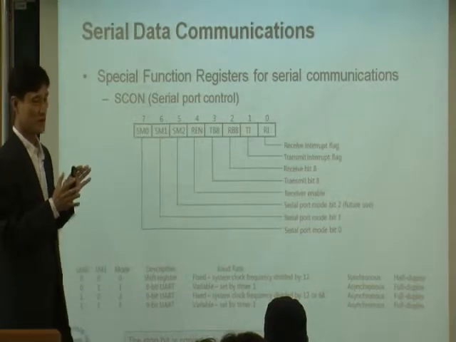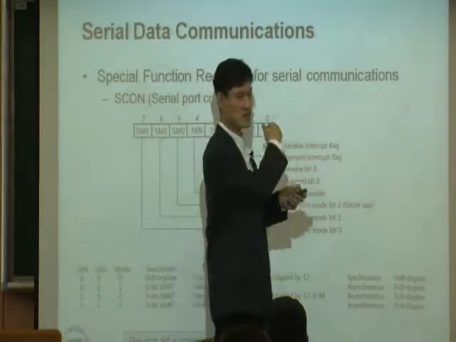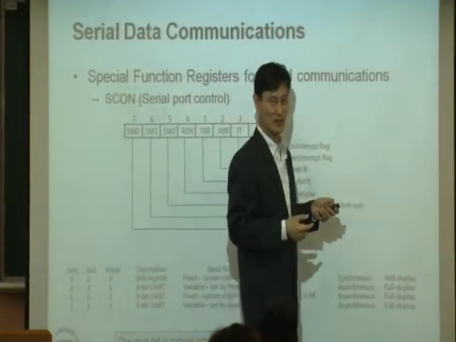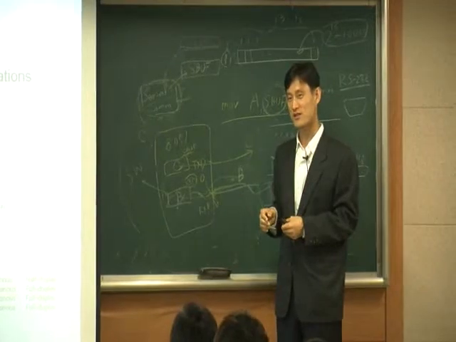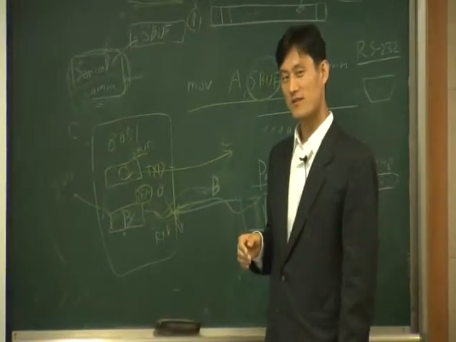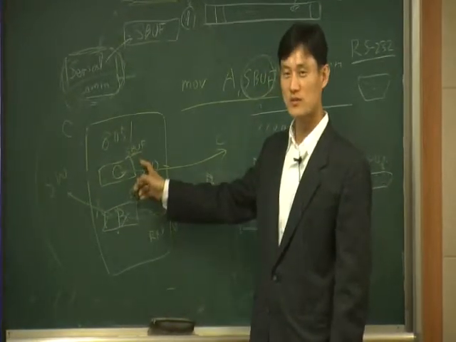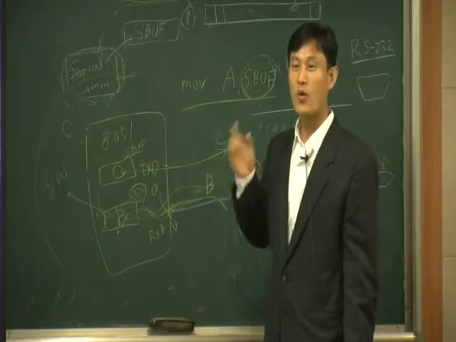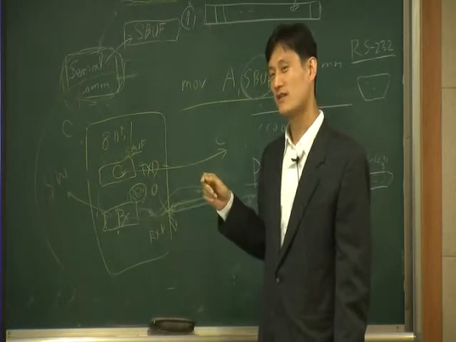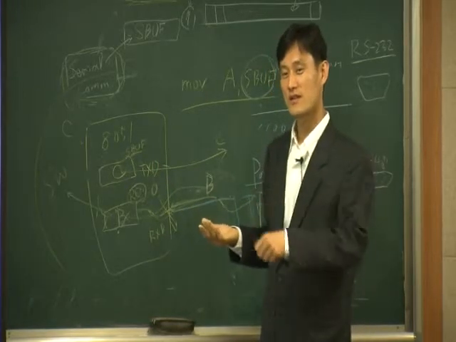For the transmit part, you don't need the switch. Why? If you don't want to transmit, then you don't write anything. Only when you transmit, you are writing. So you don't need a switch.